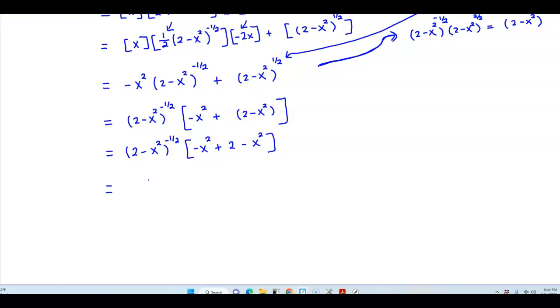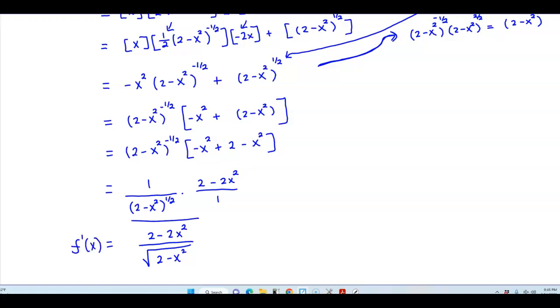So this represents 1 over 2 minus x squared to the positive 1/2, times, here we get positive 2 minus 2x squared, and that's over 1. And then if we want to write that as a radical, in the numerator, 1 times 2 minus x squared is going to leave us with 2 minus 2x squared, divided by the square root of 2 minus x squared, and therefore that would represent the derivative of that function.